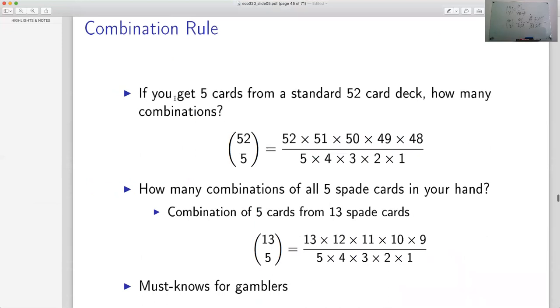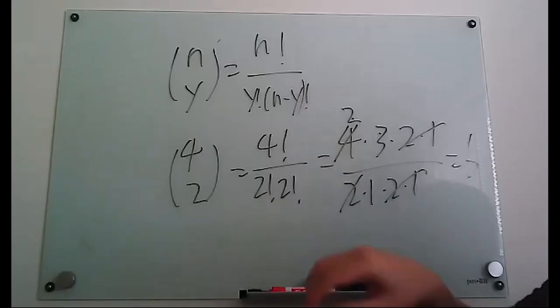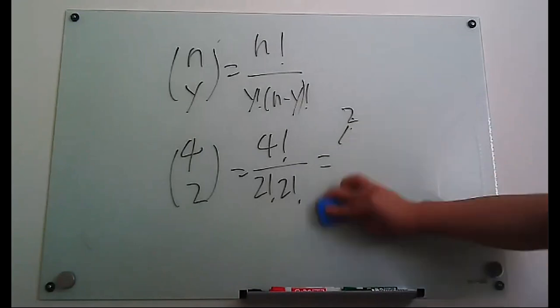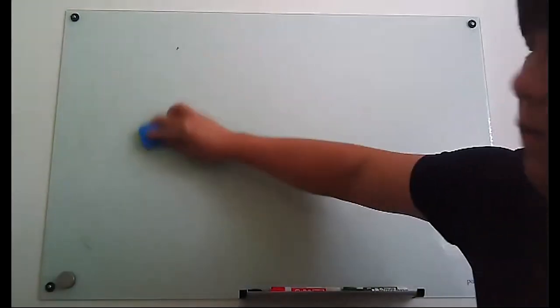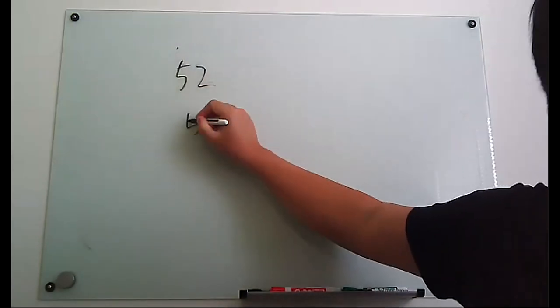If you are getting 5 cards from a standard 52-card deck, how many combinations are there? Using the formula, I'm looking for 52 choose 5.